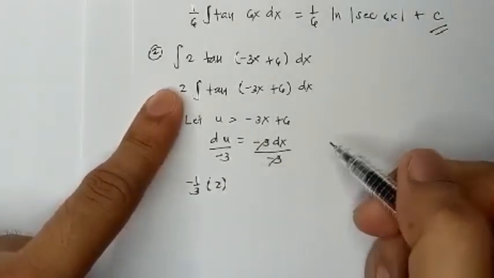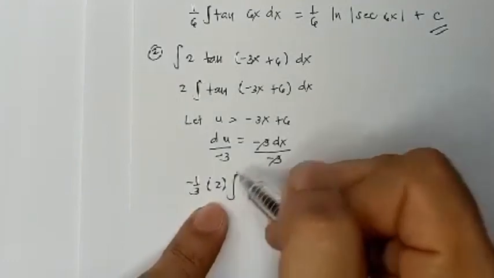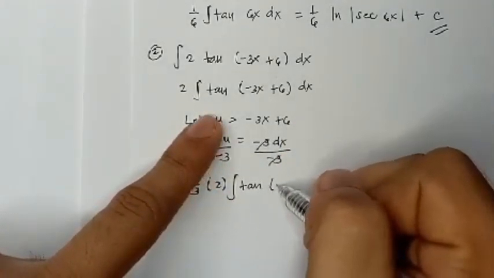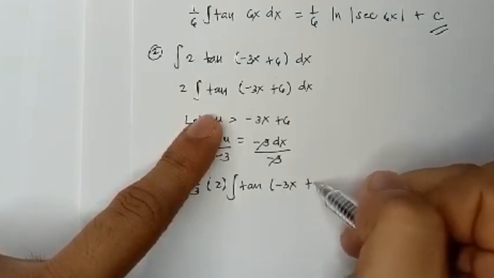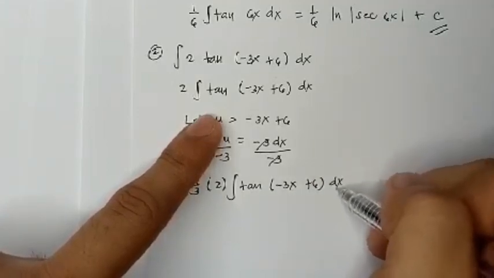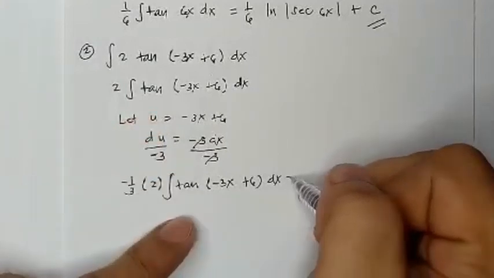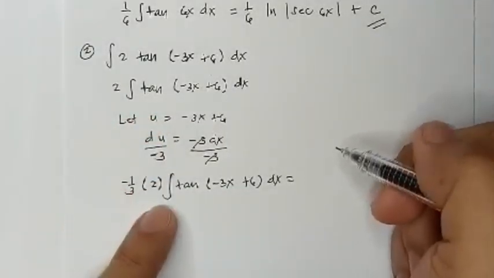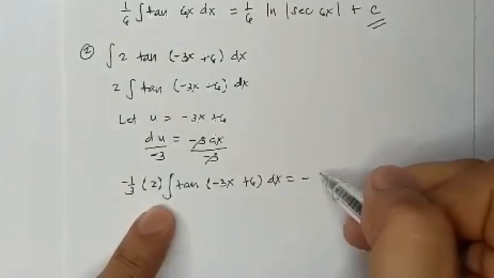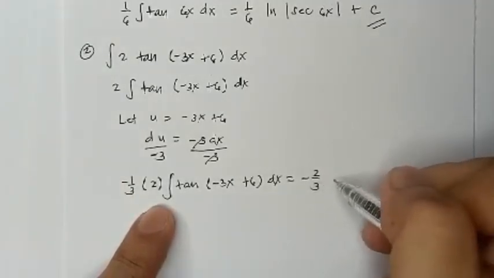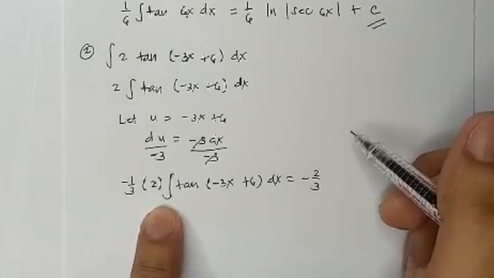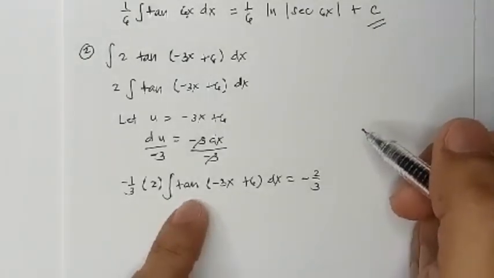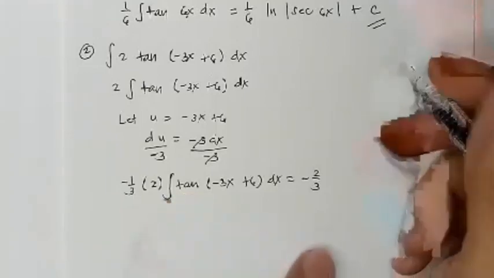And then, afterwards, from our given integral of tangent quantity negative 3x plus 6 dx, it is simply what? We have the integrating factor negative 1/3 times 2. It's simply negative 2/3. Then of course the integral of tangent is simply the ln of secant.